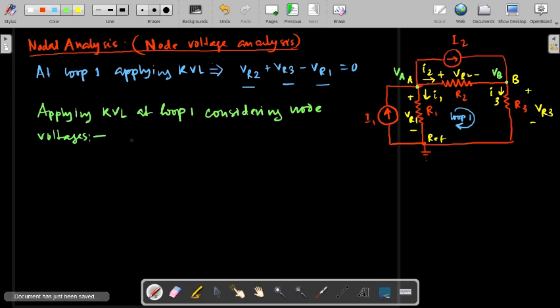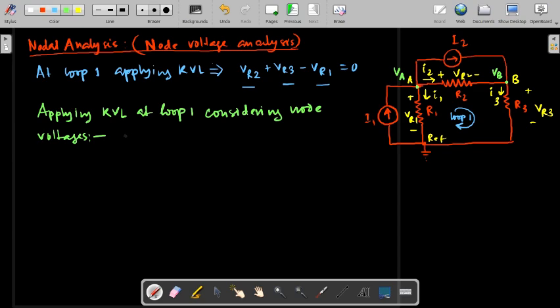As I stated in the last section, the node voltage may or may not be the branch voltage, and for this resistance R1, the node voltage is equal to the branch voltage.